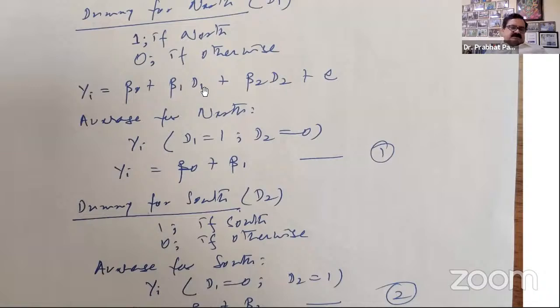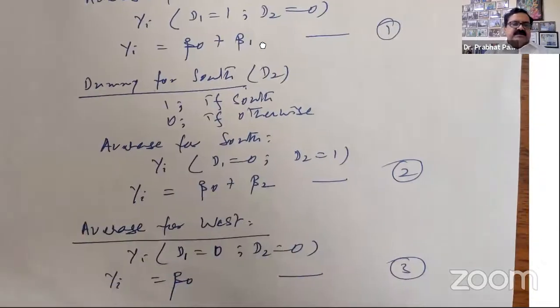So if we replace D1 by 1 and D2 by 0, then y is going to be equal to beta 0 plus beta 1. That means the intercept plus the regression coefficient of dummy 1. These two betas will give you the average salary of the north, right?